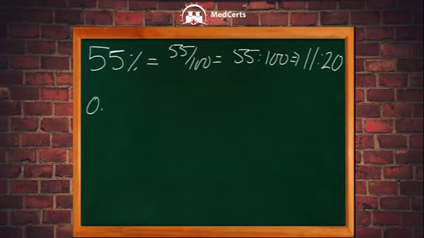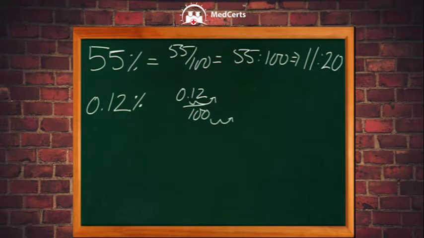If we have 0.12%, we express that as a part over 100. Now, when we move our decimal, whatever we do on the top, we have to do on the bottom. So if we move 2 places over, that will then become 12 over 10,000.